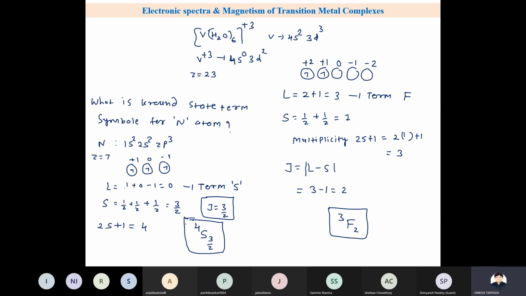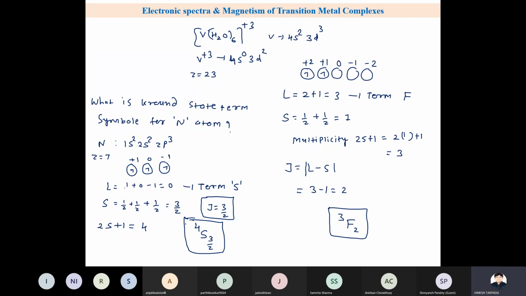The ground term is nothing but the lowest energy term. Certain rules are there to identify it, because whenever we construct a diagram, the lowest energy term is very, very important.